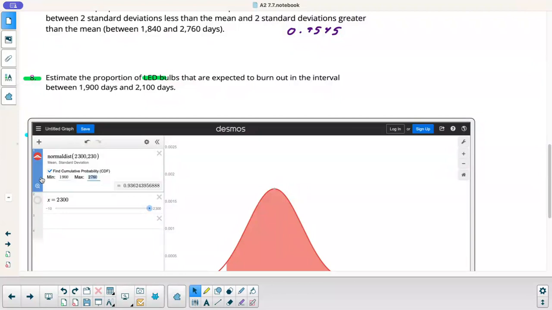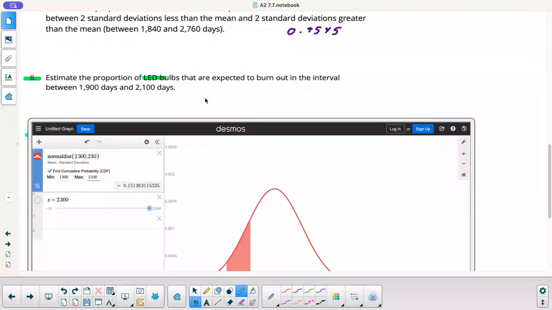So I'm just going to type them in, and the answer would be 0.1513.